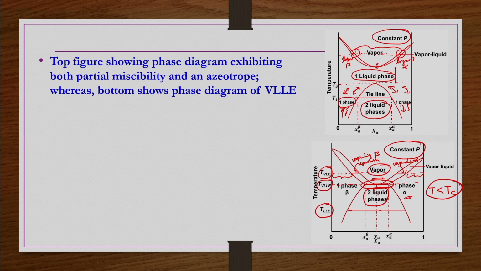What we are having? We are having this vapor and then two liquid phases at equilibrium.